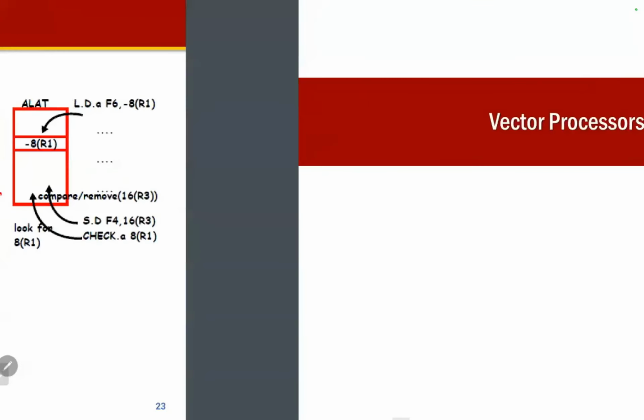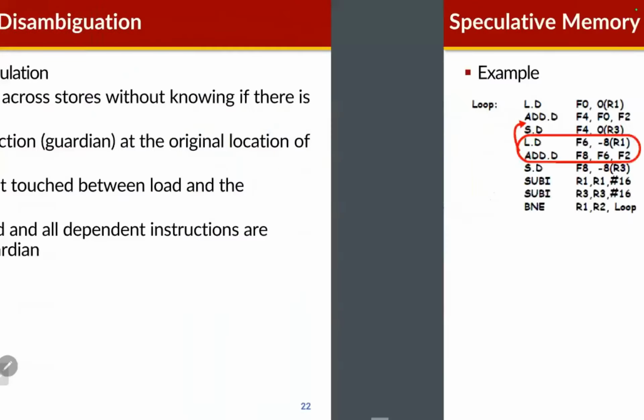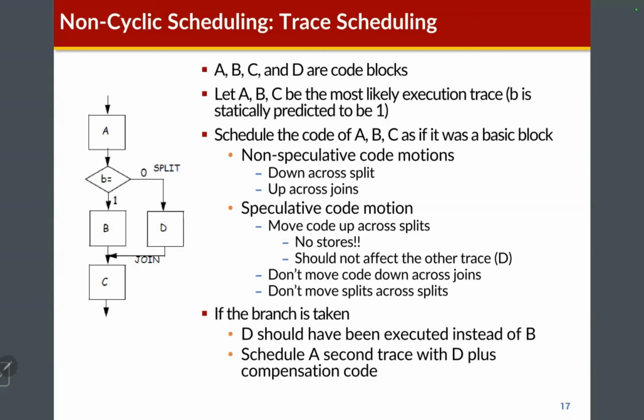I will stop here, but you need to remember that in the next class, I will cover some additional techniques of VLIW, and then I will cover microprocessors and GPUs.